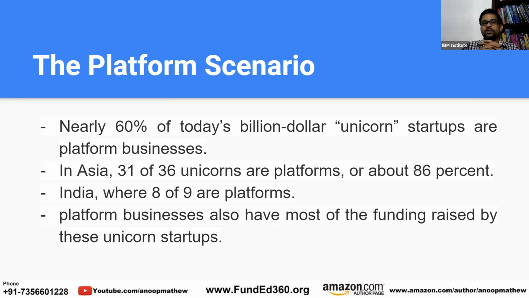So they are able to scale up their business without much precedence. In Asia, almost 31 out of 36 unicorns are platform businesses, which contributes almost 86%. And when it comes to India, 8 of 9 are platform businesses.